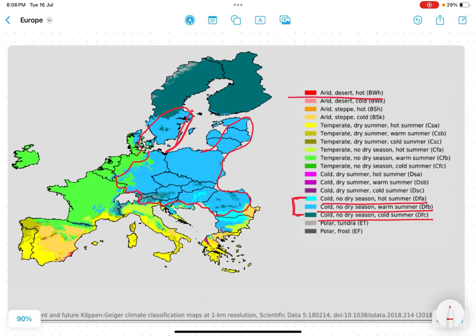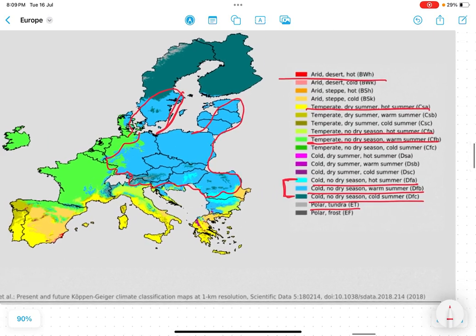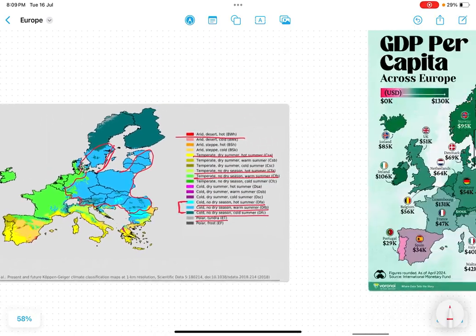We don't have arid hot deserts, but we have polar tundras. We also have temperate, no dry season, warm summer; temperate, no dry season, hot summer. We have temperate, dry summer and hot summer also. So all of this is the climate classification, as you can see by yourself.